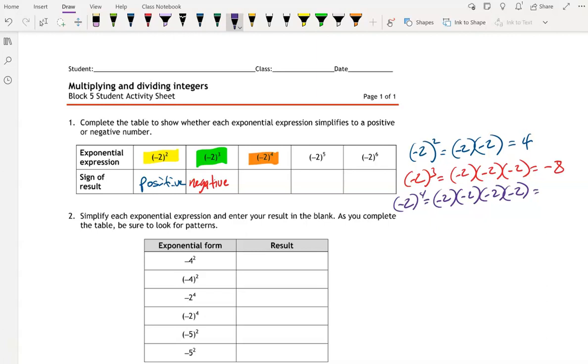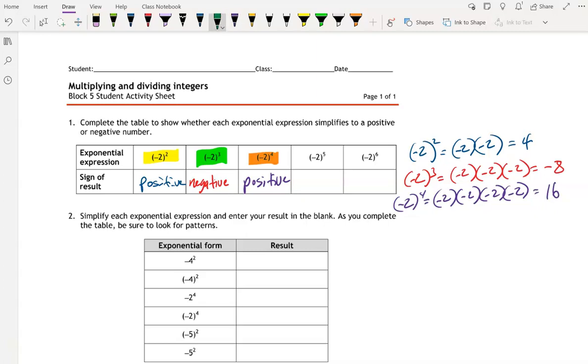That means my answer is going to be positive because that is an even number of negatives. An even number of negatives in a multiplication or division means a positive result. 2 times 2 is 4, times 2 is 8, times 2 is 16. Positive 16. Make sure that you are copying down this table right here and do it neatly so that you can actually read it later. It's kind of important. Scratch that. It's very important.